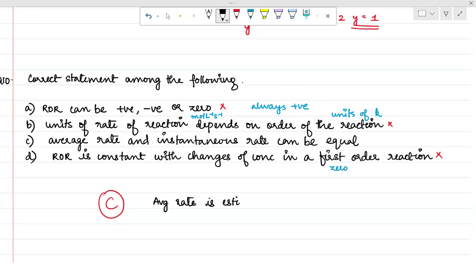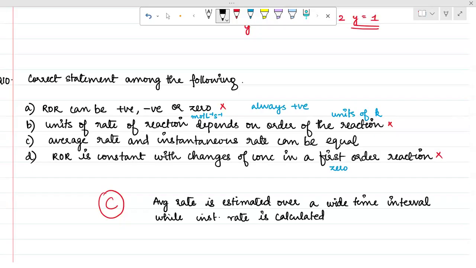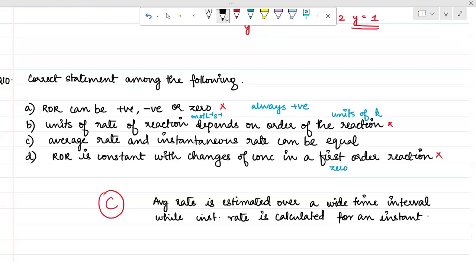Average rate is estimated over a wide time interval, while instantaneous rate is calculated for an instant. That's it. That's all.